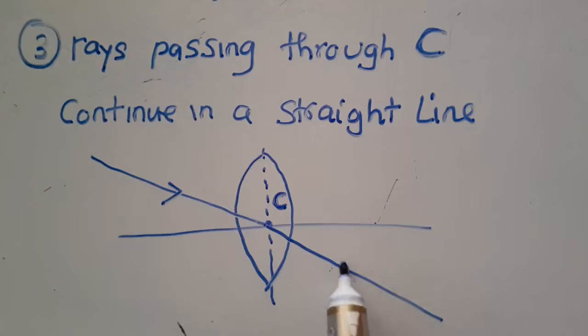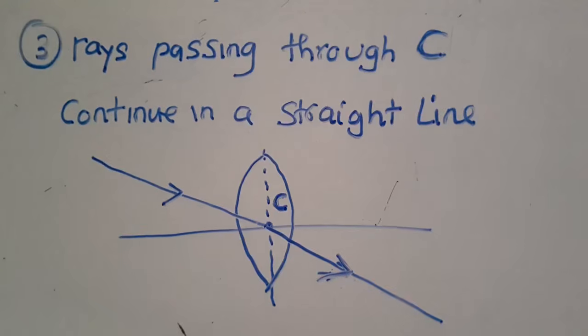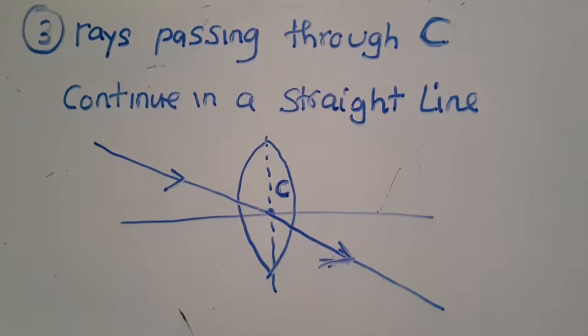So these are the three rules that you need to understand before you talk about a ray diagram. Let's make sure that we understand these three points that I've just shared with you on how to draw the ray diagram through lenses.